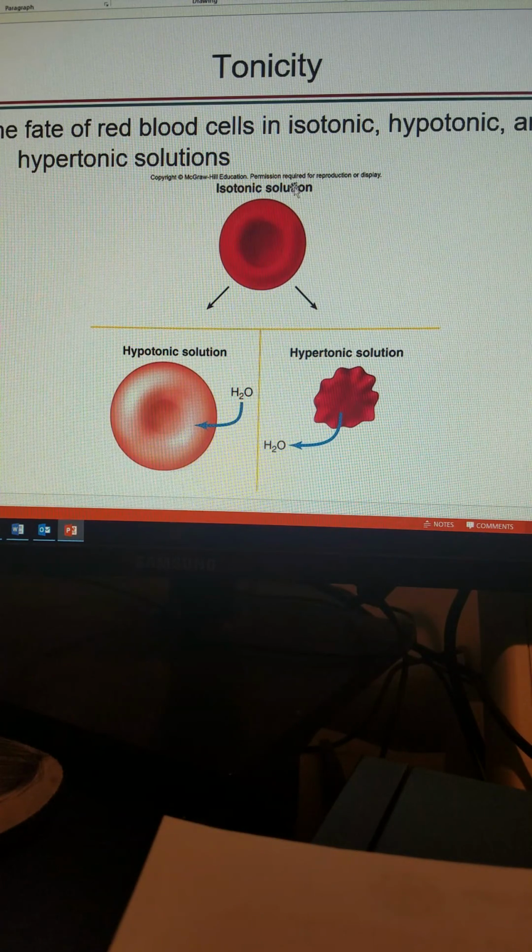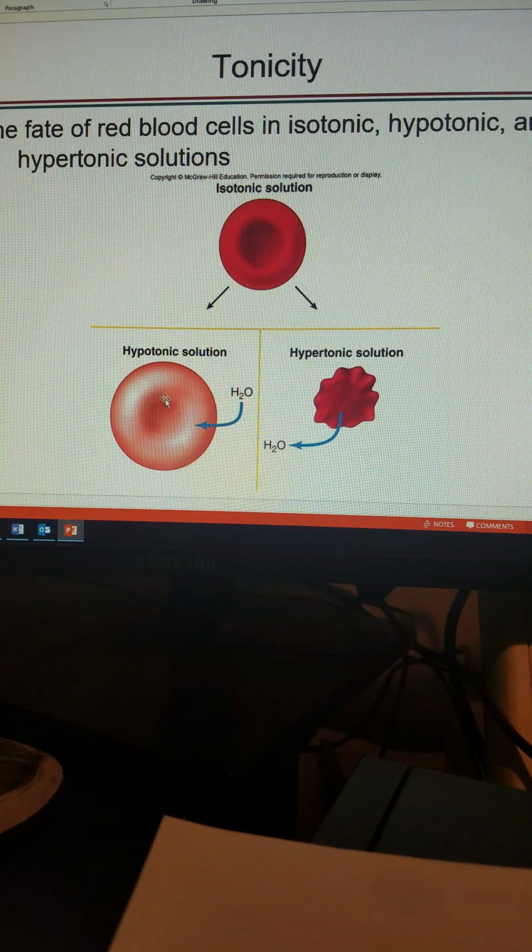Well, isotonic, if you took MedTerm at all, or if you're going to, iso means the same. So this means we have equilibrium. Nothing is happening on the outside and inside of the cell. We are at equilibrium and there is no effect to the solution.